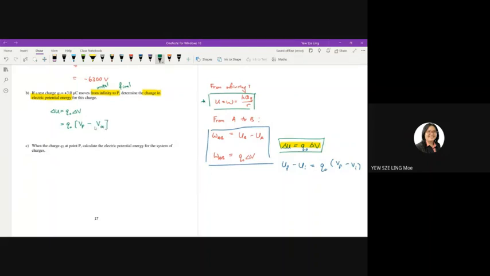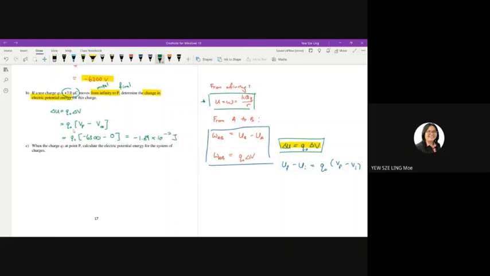VP we already have from question 1, where we calculated the total potential at point P. Therefore it is equal to Q naught, you plug in the value right here, and VP is negative 6300, minus V infinity. V infinity is equal to 0, at infinity you don't even have to calculate it. Therefore, the final answer is negative 1.89 times 10 to the power of negative 2 joule.